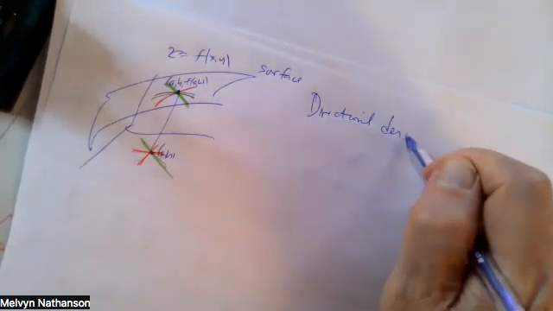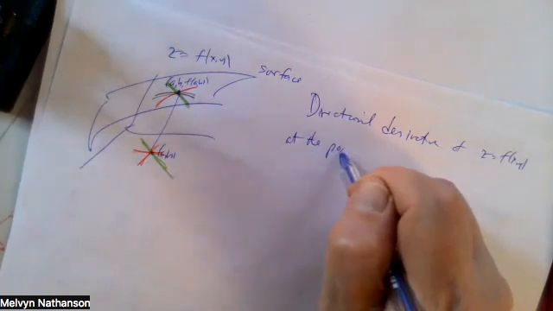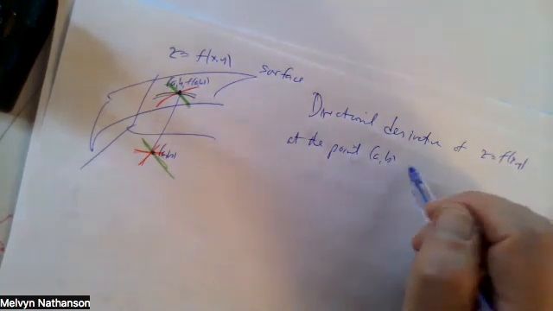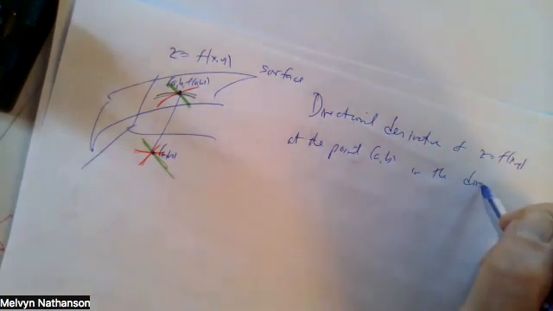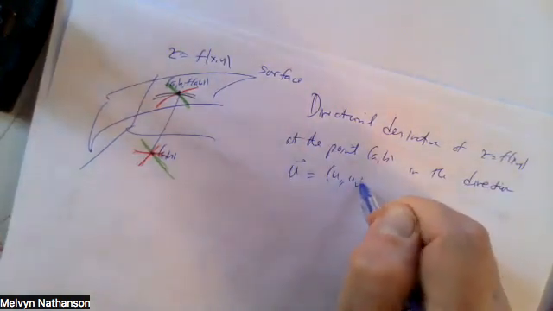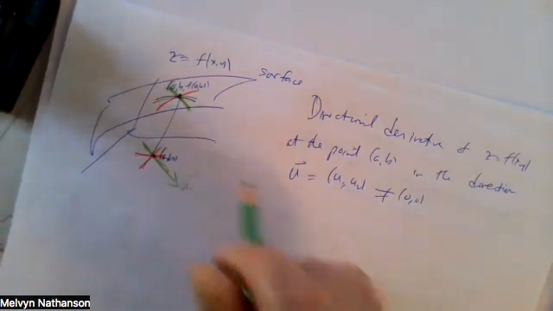So we want to figure out a way to intelligently define the directional derivative of z equals f of x, y at the point A, B in the xy plane in the direction u, some vector u, which is not the zero vector. So there really is some direction.